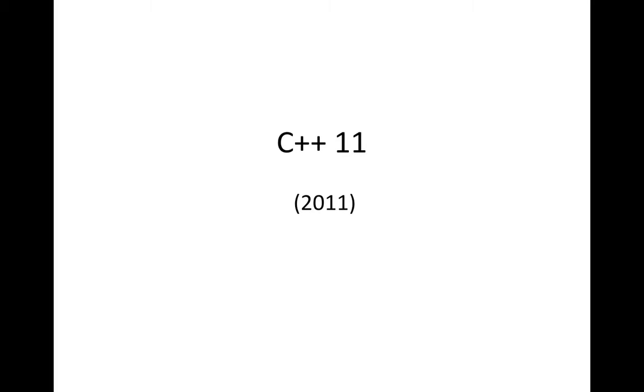C++ 11 adds more interesting features, which are doubtless going to be used more and more as time goes by. Companies tend to be quite slow to change code that they've developed and to move to new versions of compilers, but they get there eventually. So this is something very interesting that you might want to look at.